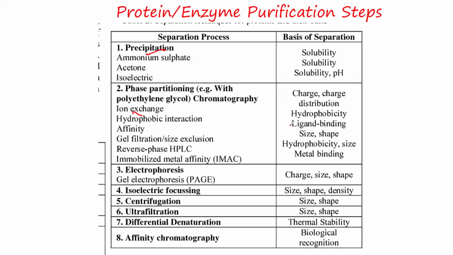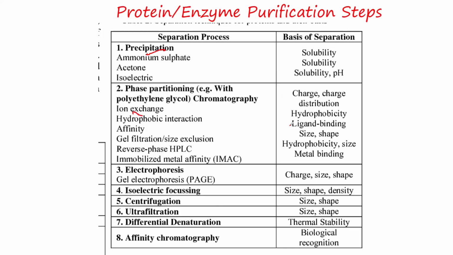Then for the next one, we have electrophoresis, which separates your protein based on charge, size and shape. And then we have isoelectric focusing, which is another technique which separates protein based on size, shape, and density. Then we have centrifugation, which separates protein based on size, shape.